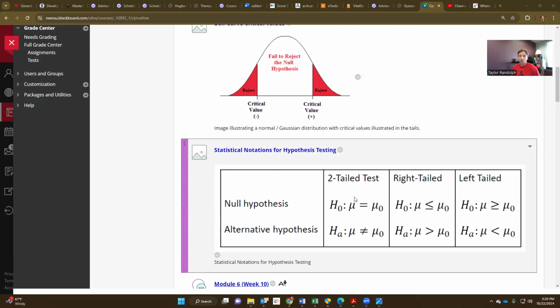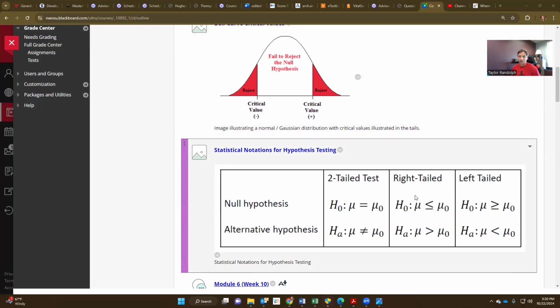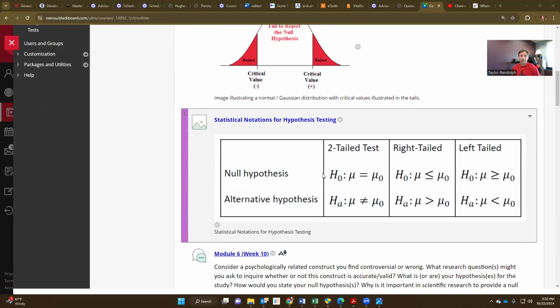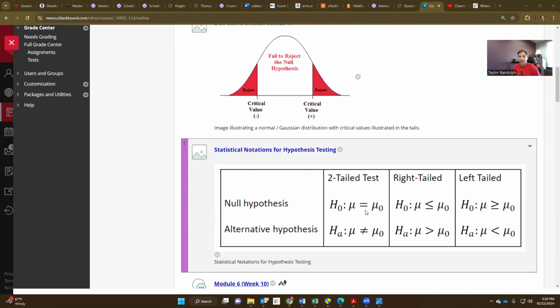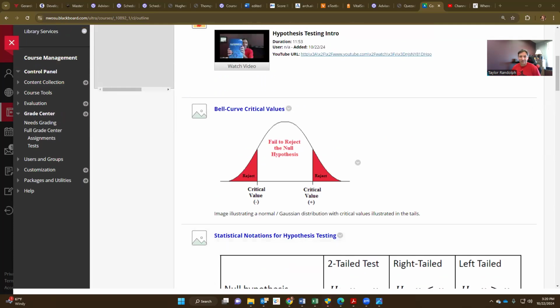And so this would be a two-tailed test, and this would be a one-tailed test, and you have to specify which side of the distribution you're hedging your bet on, you're betting toward. So the null hypothesis is always stated in the negative. And so if you reject the null hypothesis, yes, that's a double negative, and that's a good thing because that means that in your experiment, you found significance.